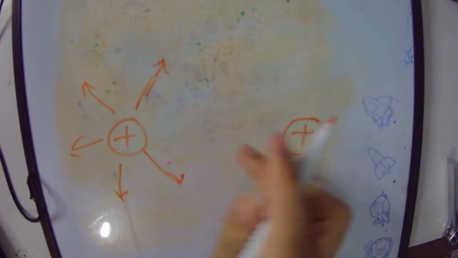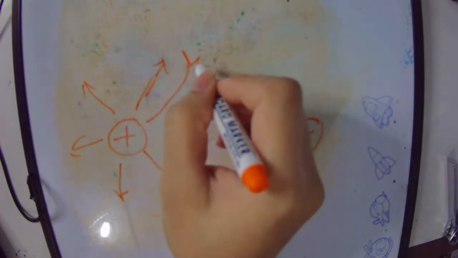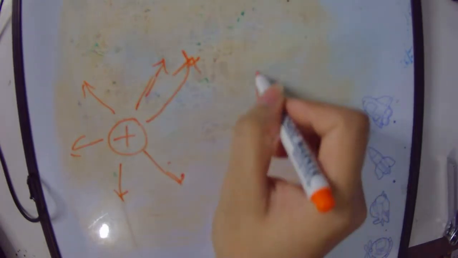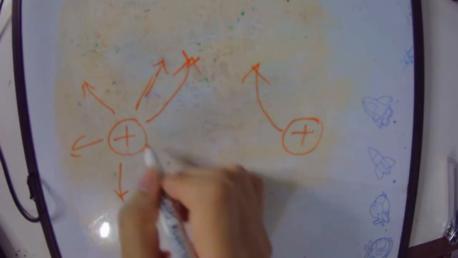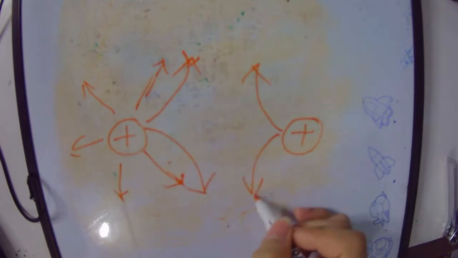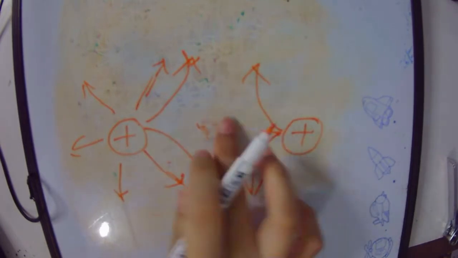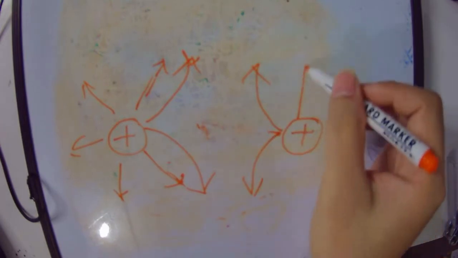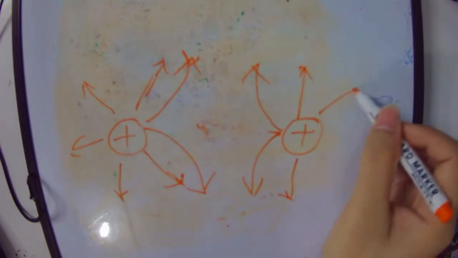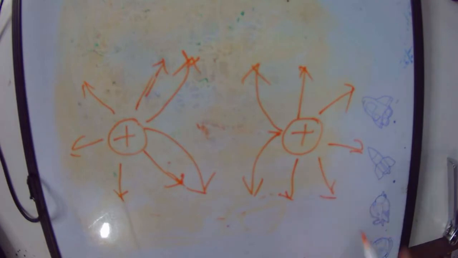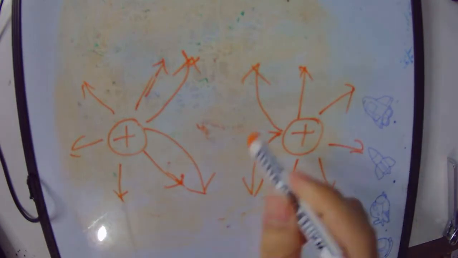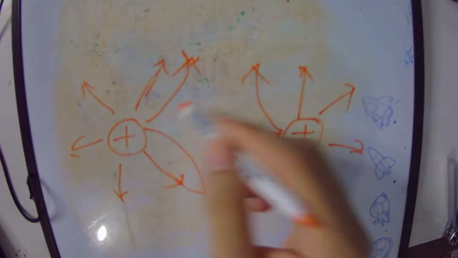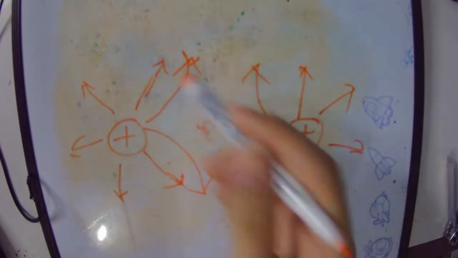It will be pushed away. Its lines will be pushed away. It doesn't want to meet other positive fields. It's not going to meet, so it's going to be pushed away. Same idea if it's negative. So the electric field lines, if they're both positive, they'll push each other away.